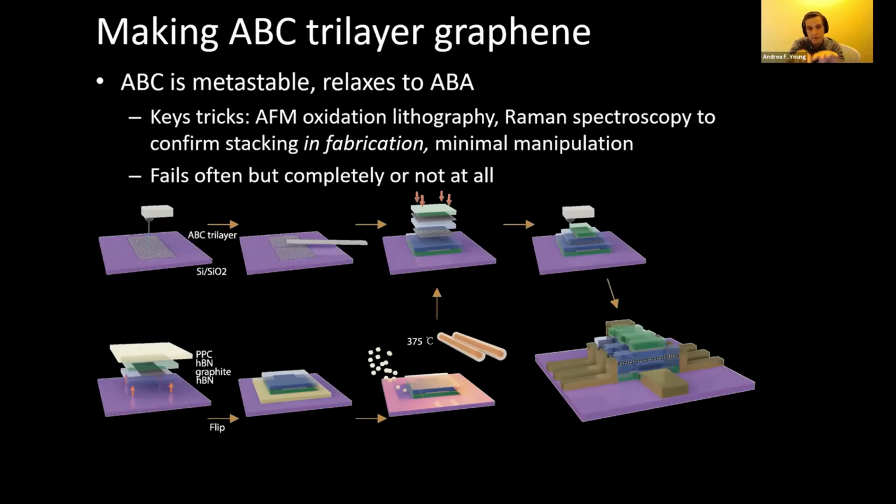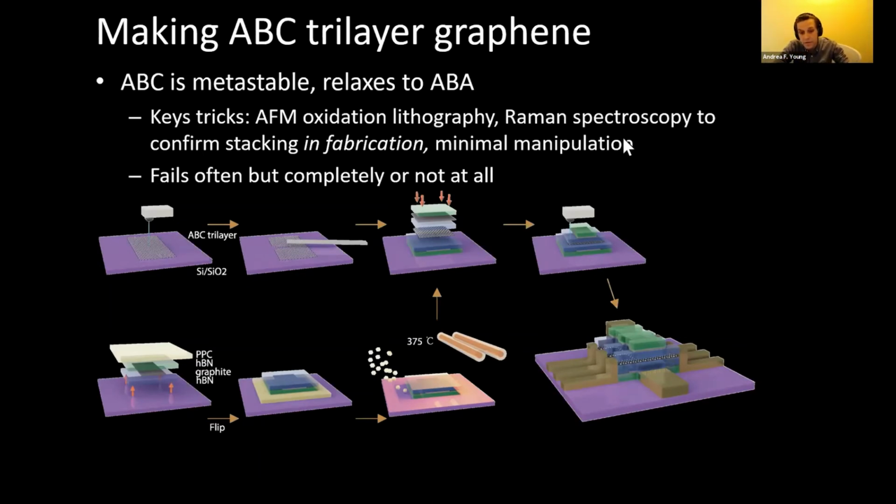And the reason is that if you have mixed domains of ABA and ABC, there's basically always a pressure on the domain wall from the ABA side to shrink the ABC domain. When you make these structures, when you do your transfer, your lithography, your heating and cooling, those domain walls will typically move until there's no ABC left.